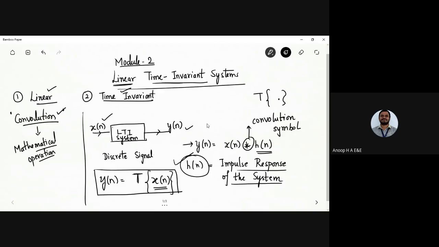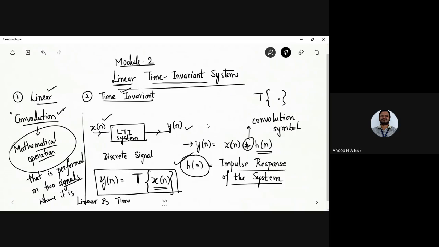We have a set of equations that are being performed. You can't apply convolution to one signal; you need two signals, where it is linear and time invariant.